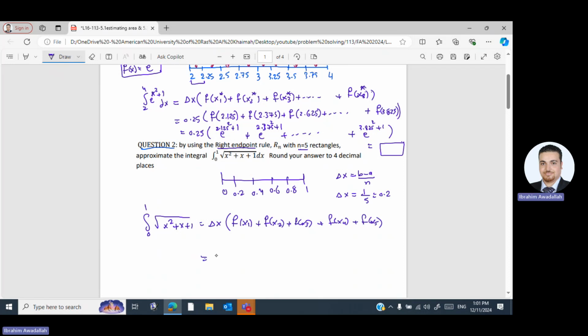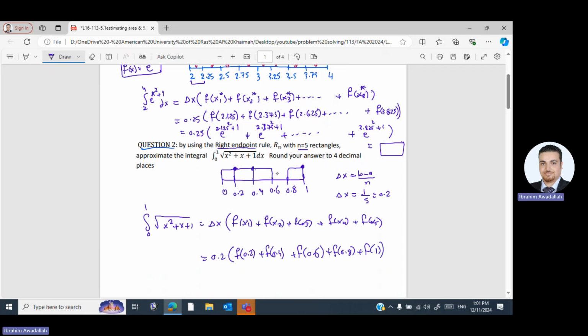This will be delta x, from here 0.2. From here you see this is my interval. We say right endpoint, so this is the right point for this interval, this is the right point for this interval, and this is the right point for this interval. So we will start with f of 0.2, then f of 0.4, then f of 0.6, then f of 0.8, then the last one will be f of 1.